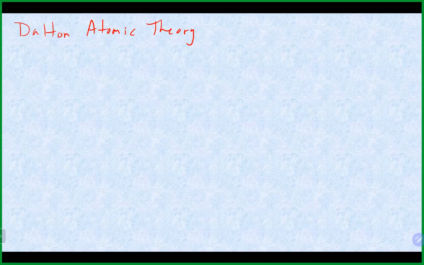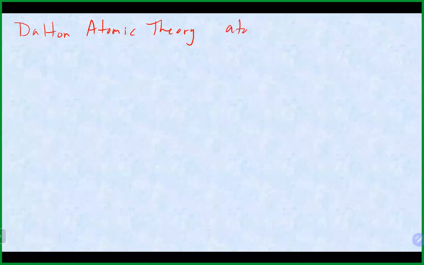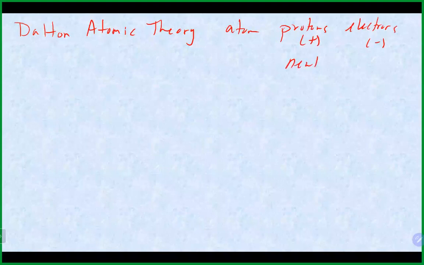Some of the major understanding of the atom is that it contains protons, which are positive, electrons, which are negative, and neutrons, which have no charge. Early on, the cathode ray tube was used by Thomson and others to explore the electron.